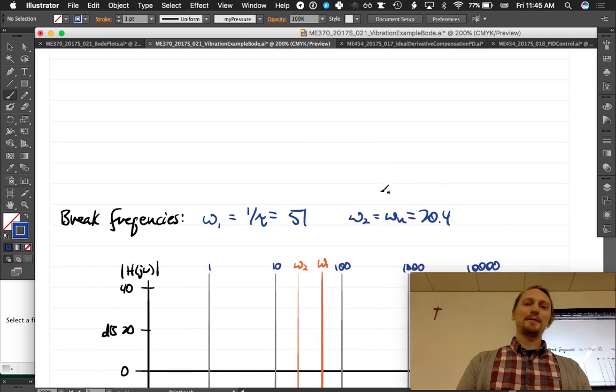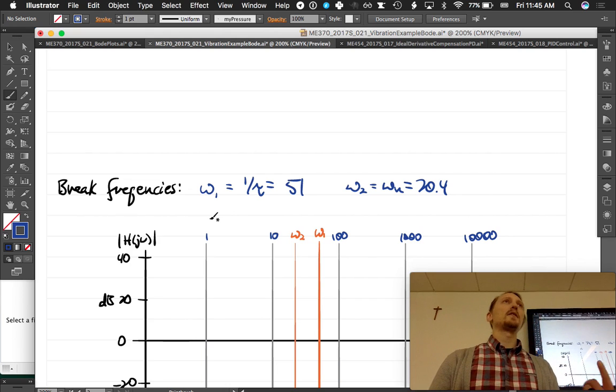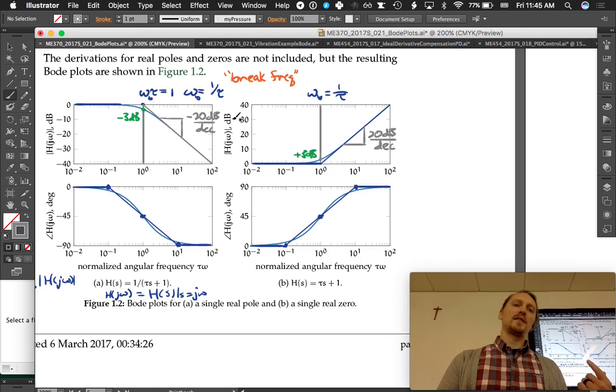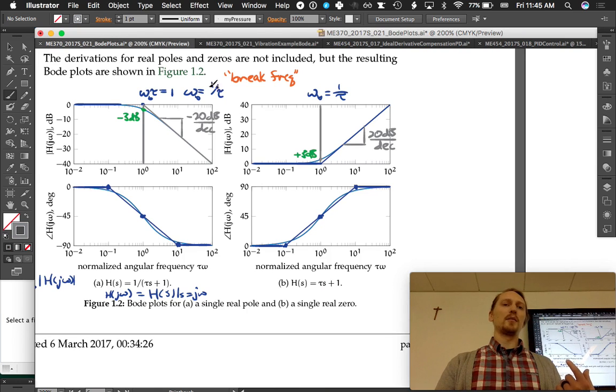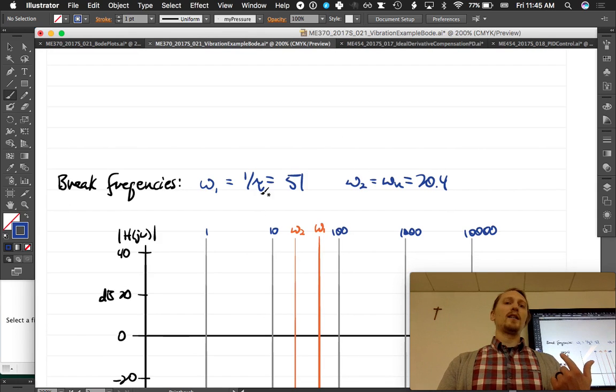Let's first compute our break frequencies, which are very important. Remember the break frequency for the first order systems, for the real 0, always occurs at 1 over tau. If we go back to our Bode plots, we talked about how that was here. The break frequency is at 1 over tau.